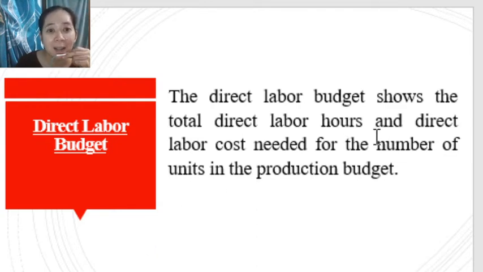And our direct labor is also paid per hour, or depending on the policy of the company and how they pay the salaries and wages of their employees or workers. So here we will be dealing with the number of hours and the labor costs needed to produce the number of units based on the requirement from our production budget.